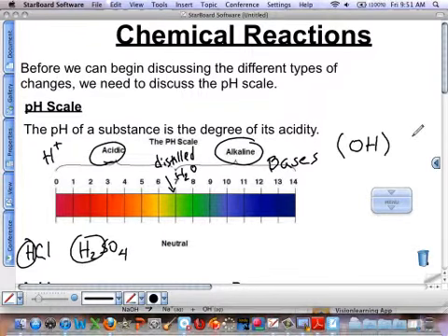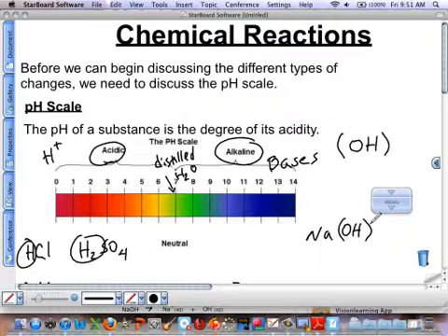So remember yesterday we dealt with sodium hydroxide, NaOH. So that solution you guys created yesterday is actually going to be an alkaline type of solution. It's going to have a very basic, or high, pH level.